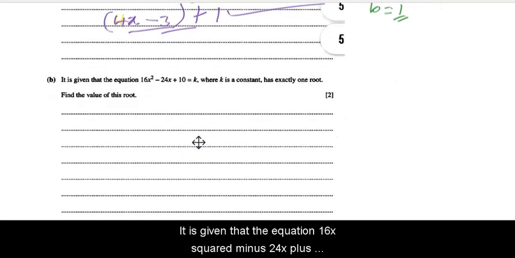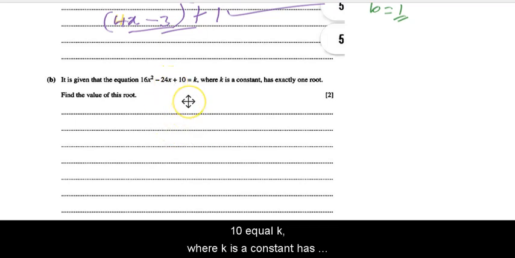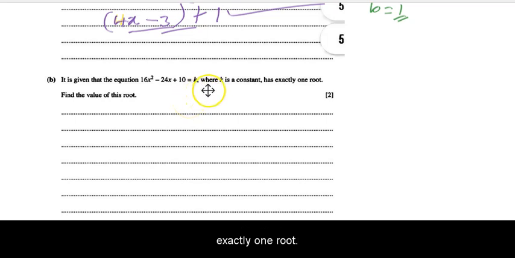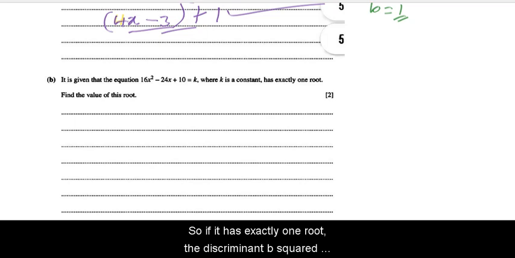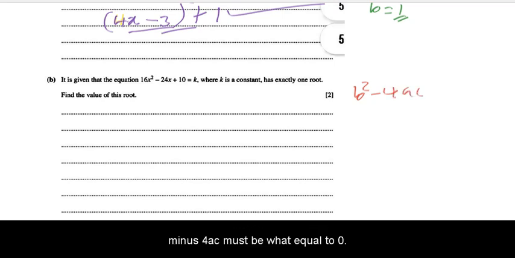It is given that the equation 16x squared minus 24x plus 10 equals k, where k is a constant, has exactly one root. Find the value. If it has exactly one root, the discriminant b squared minus 4ac must be equal to 0.